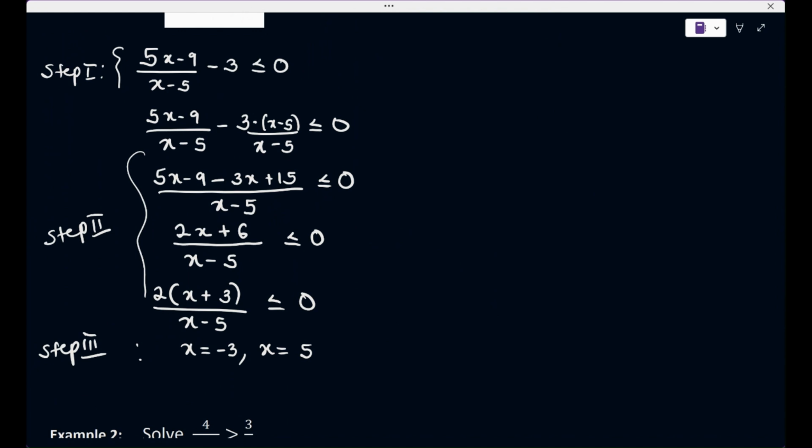Then now we can go to the table and have our number line. We have 2 zeros, one coming from the numerator, which is the smallest, so it's going to be minus 3, and one coming from the denominator, which is 5.